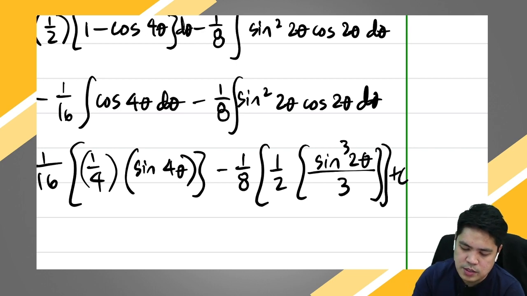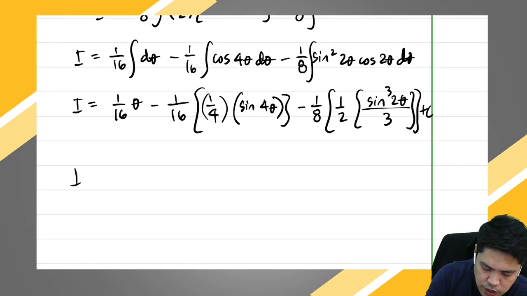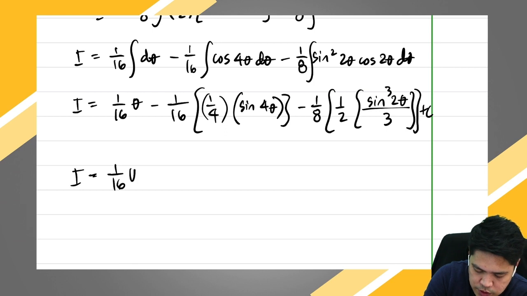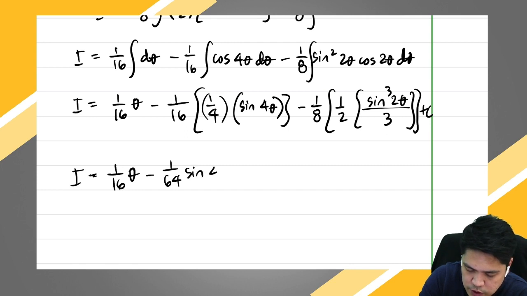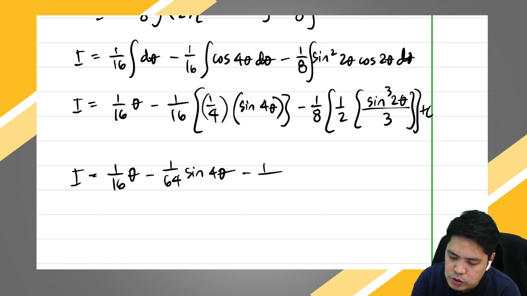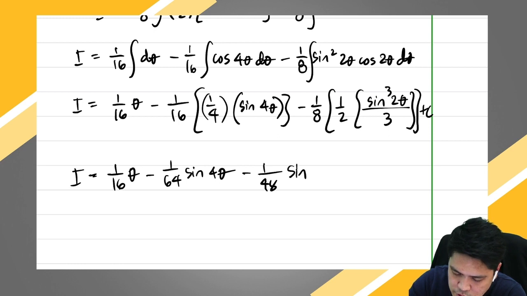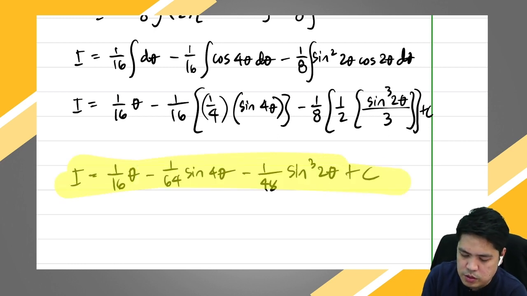Okay, plus c. So therefore I is equal to 1 over 16 theta minus 1 over 64 sine 4 theta minus 1 over 48 sine cubed 2 theta plus c would be our answer.